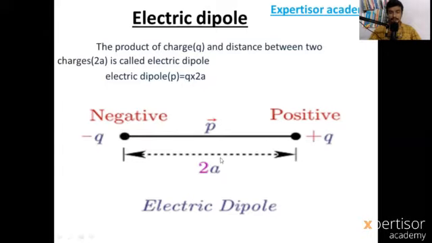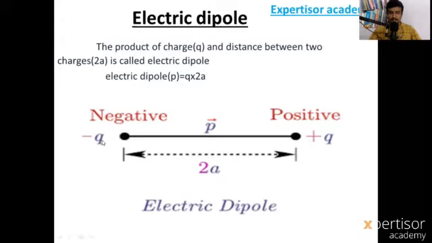So why do we enter 2a distance? Why should we not enter a? The reason is that minus q and plus q are different charges. These charges release different directions of electric field lines.